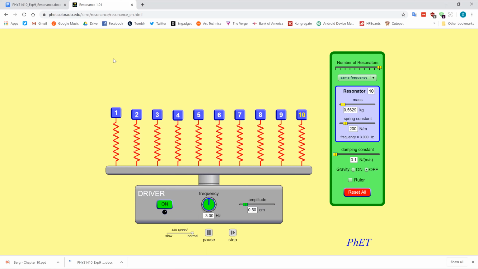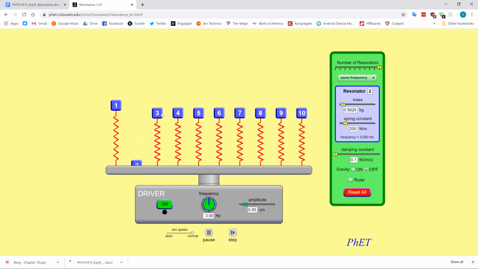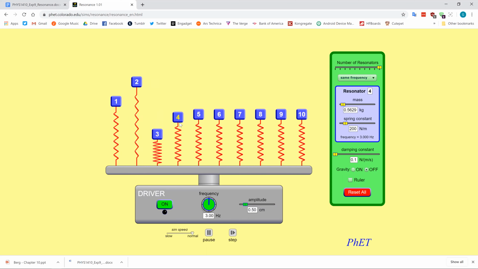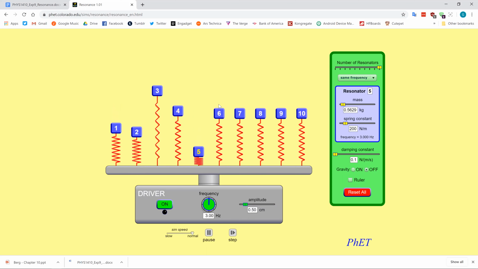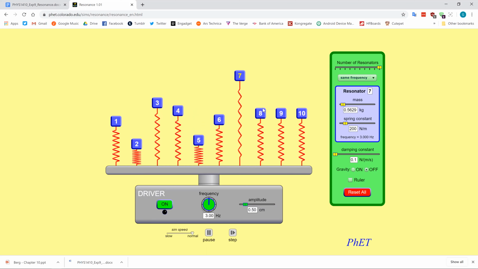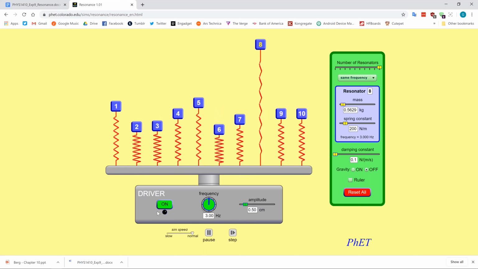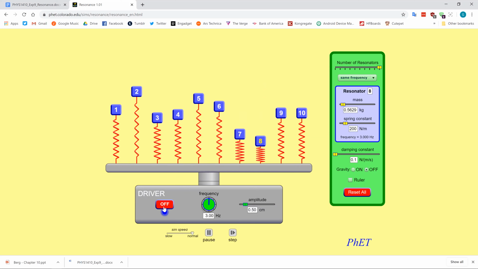This is the same kind of idea here, because I have all these masses and they do affect the platform. I'm just going to stop there and then turn this on.